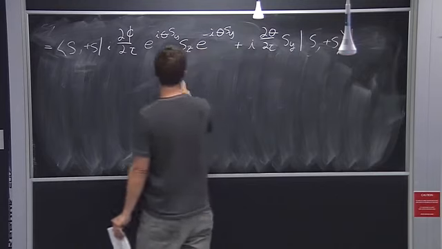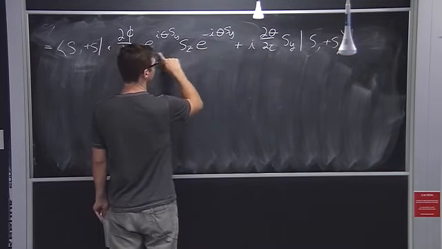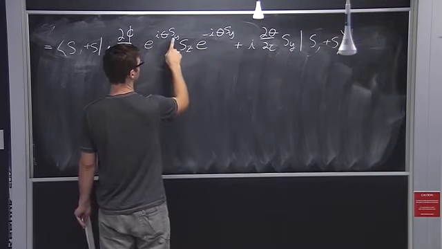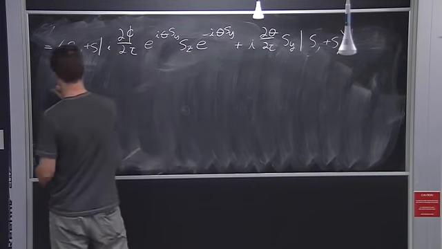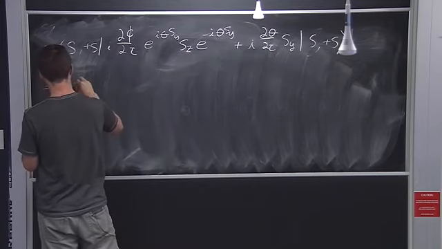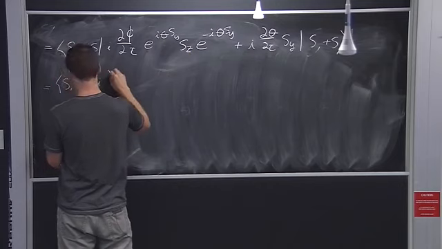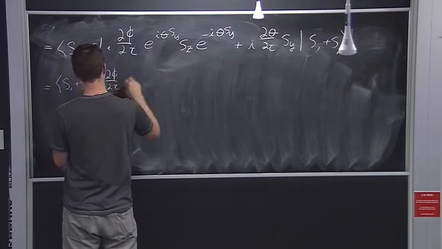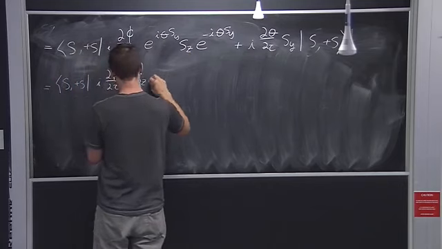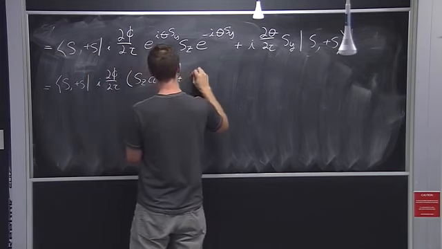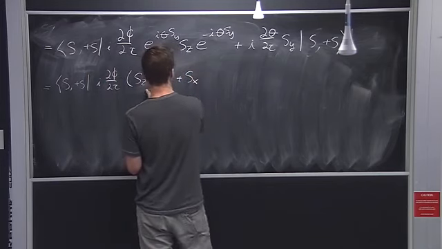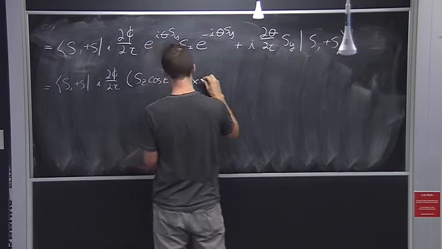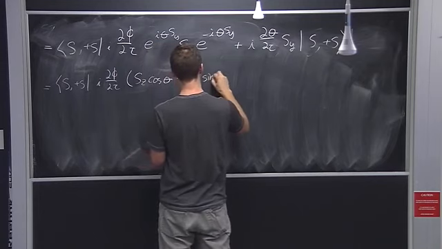The final thing we have to do is use that identity again, because we have y, z, and y here. So that gives me z and then x, right? I think I got the signs right this time.